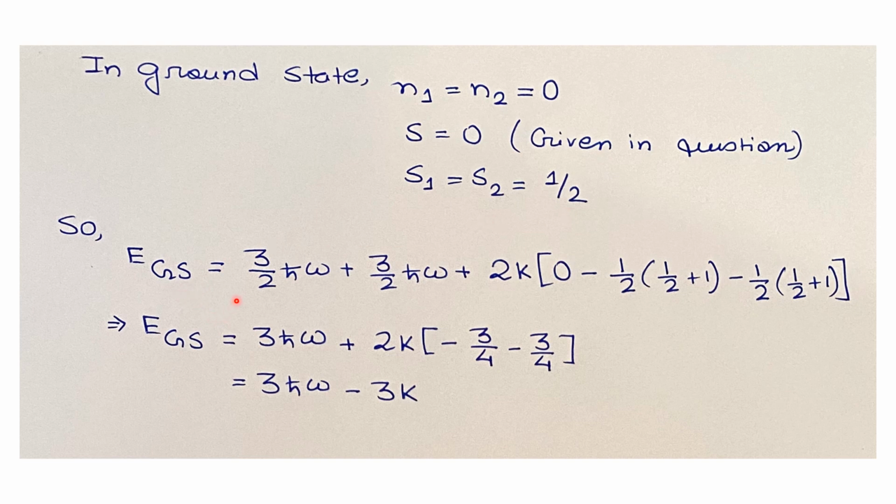We get 3 by 2 times h cut omega plus 3 by 2 times h cut omega plus 2k times 0, because total spin is 0 in the ground state, and for S1 equals half and S2 equals half, we get minus half times half plus 1 minus half times half plus 1. So from this we get the ground state energy eigenvalue, 3 h cut omega minus 3k.